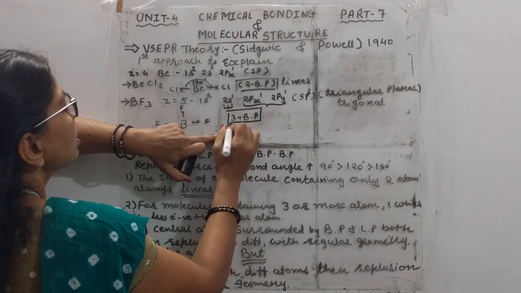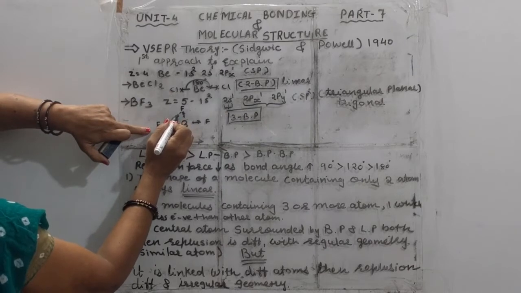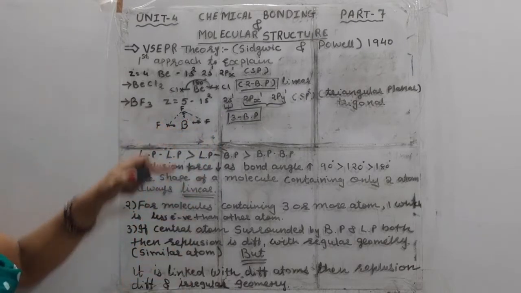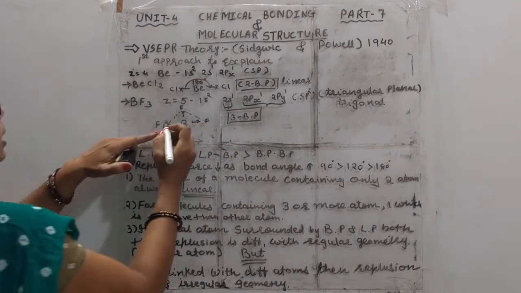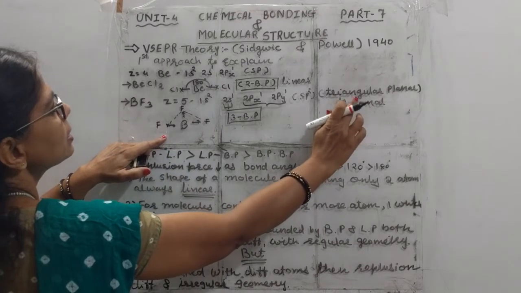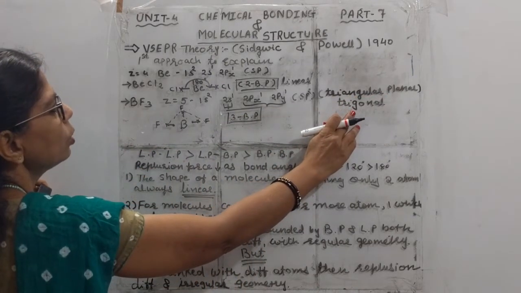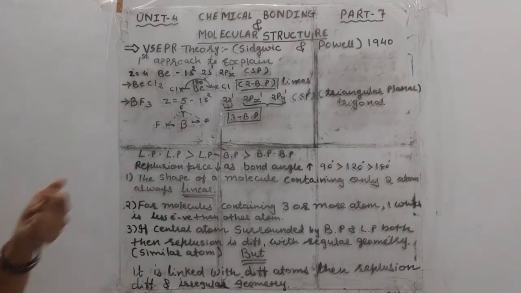And if you try to draw the structure, you can see that it is triangular planar, the same way as I said, or we can say a trigonal structure. Now what about the bond angle, student?